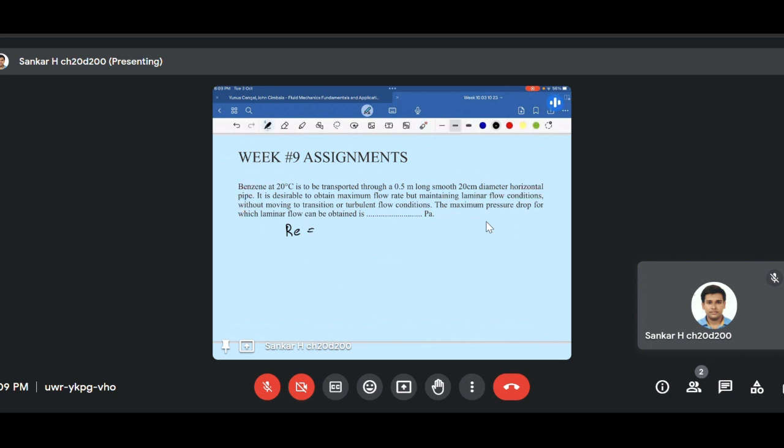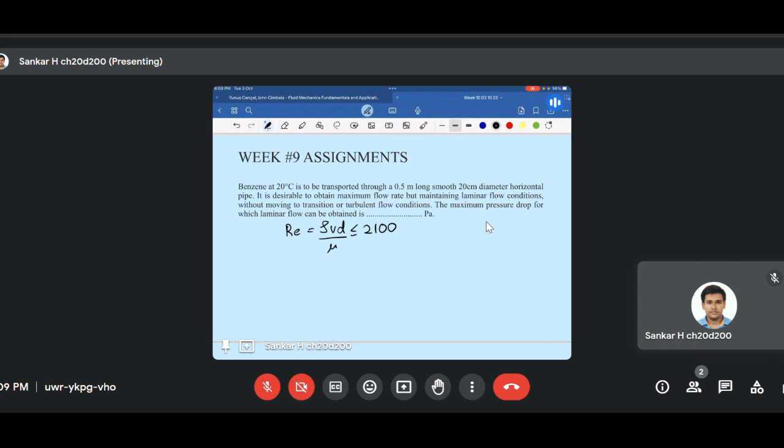So we know that for a pipe, the Reynolds number, given by rho v d by mu, should be less than or equal to 2100 to be in the laminar flow regime. If it's a value greater than 2100, it goes to the transition flow regime, and if it's greater than 4000 or 3000, it goes to turbulent flow.